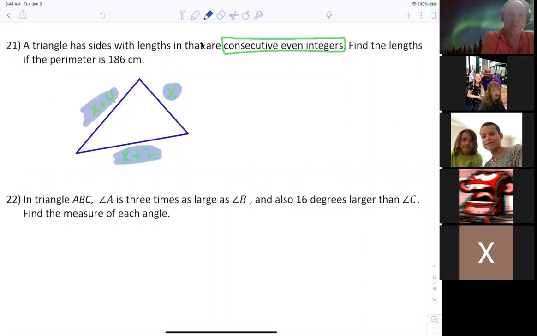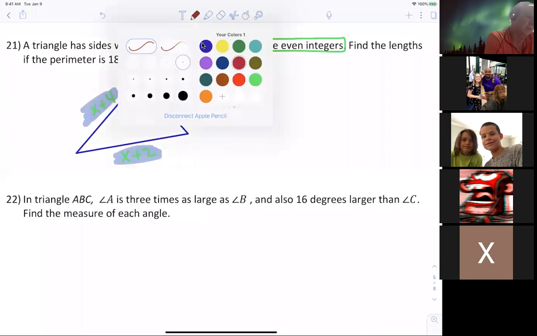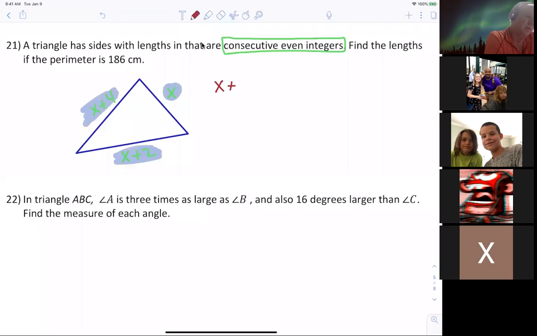X, X plus 2, X plus 4. Yes, thank you, Tucker. X plus X plus 2 plus X plus 4. That equals 3x plus 2 plus 4, which is 186. That's the equation.